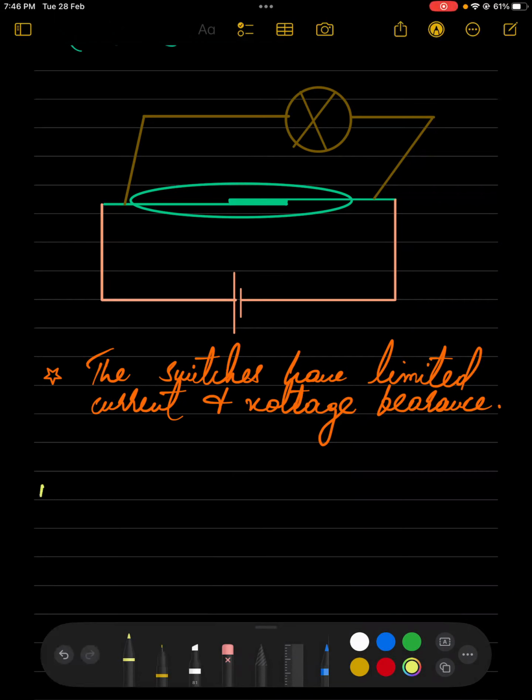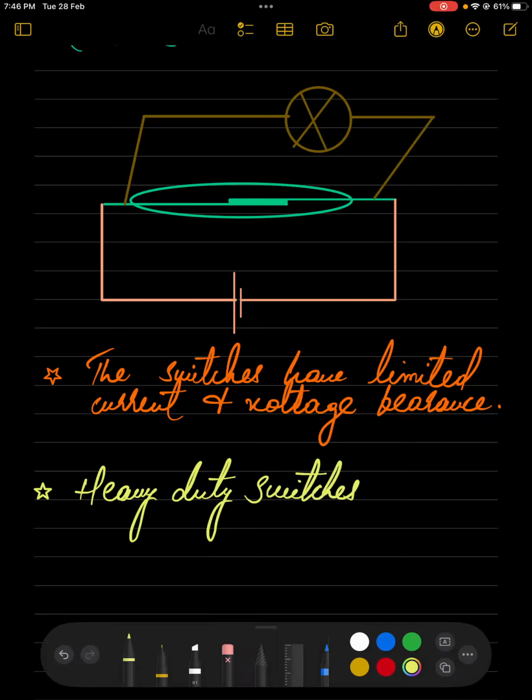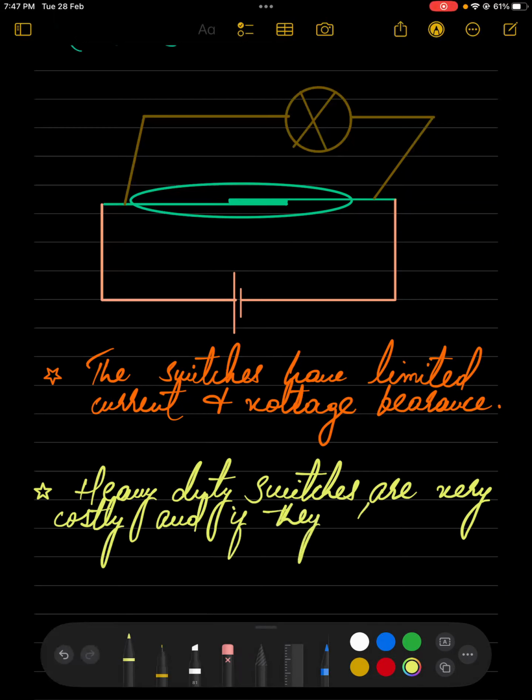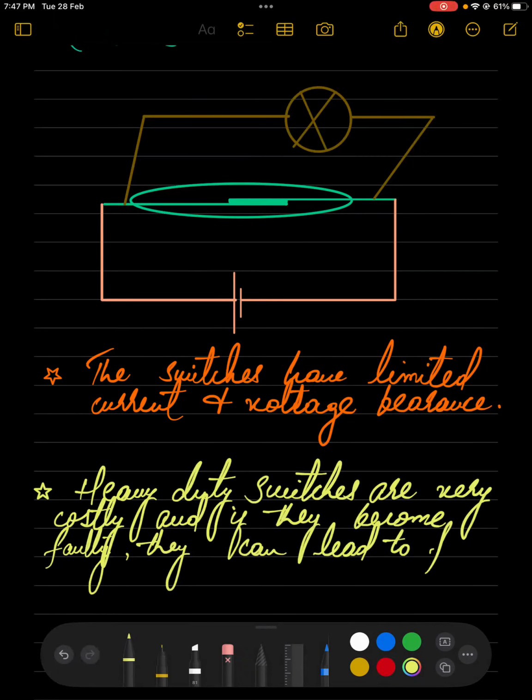So the answer to it is that heavy duty switches are very costly, and if they become faulty, they can lead to fire ignition and explosion as well.